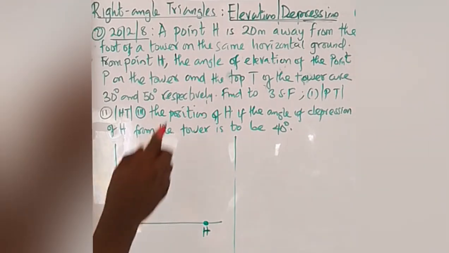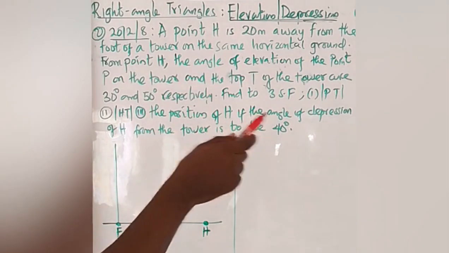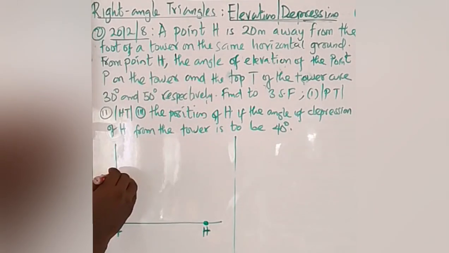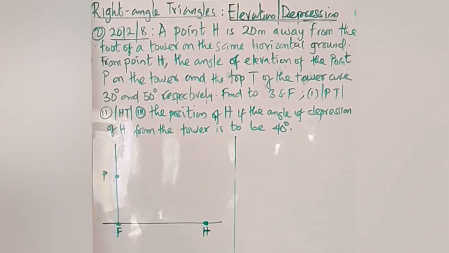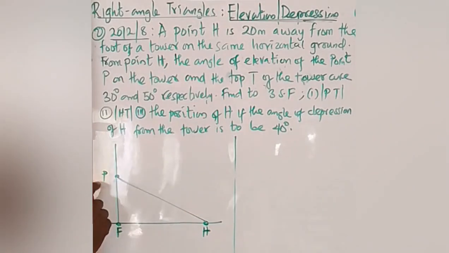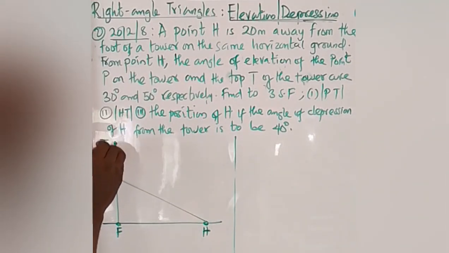The angle of elevation of the point P on the tower. So on this tower, we have a point P. We don't know, let's just pick a point. Let's see this point P on the tower. So from this point H, the angle of elevation of the point P, and the top T. So this is the top of the tower.